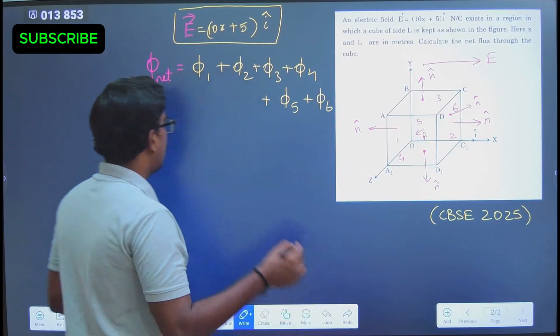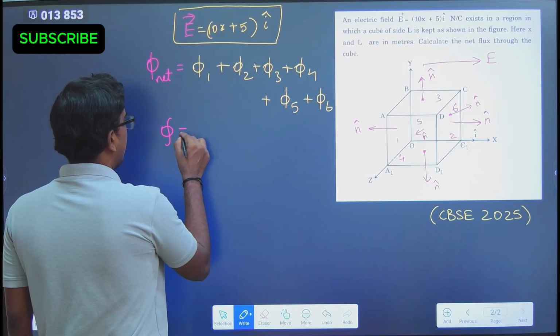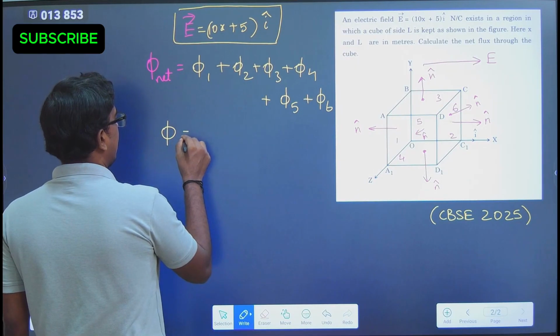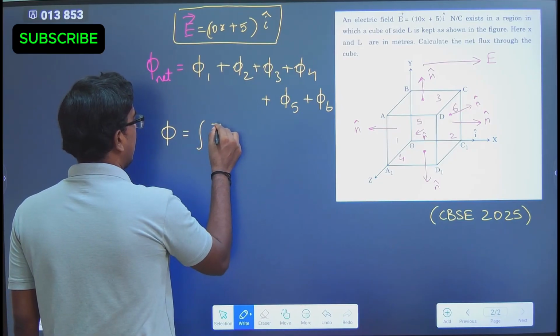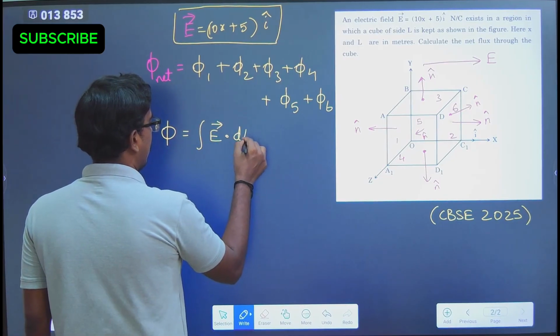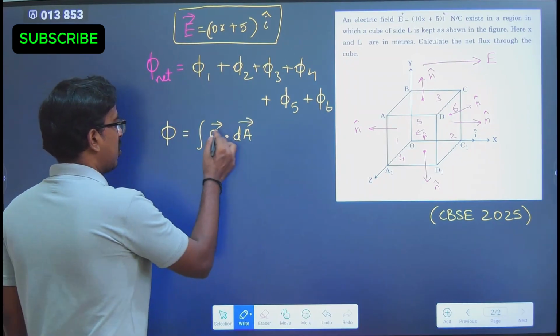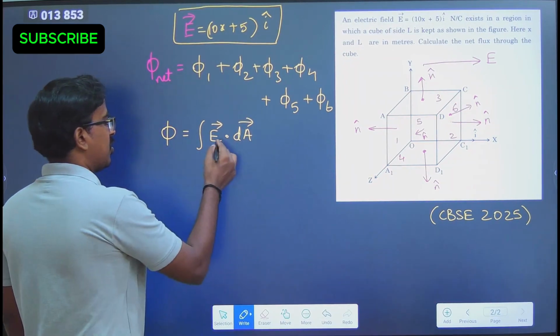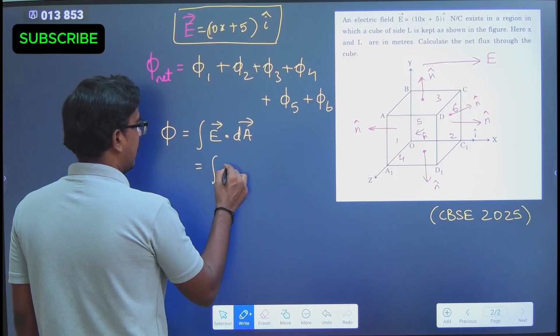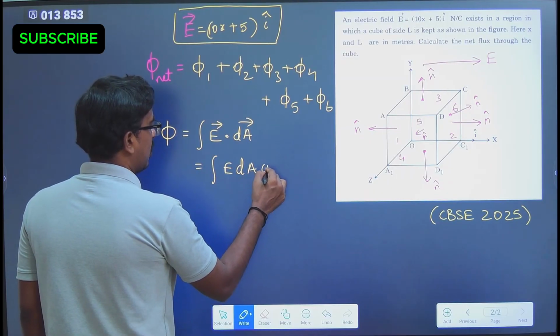We should always know the formula for flux: integration of E vector dot dA vector. In this there is a dot product, so dot product means you will write E dA cos theta.